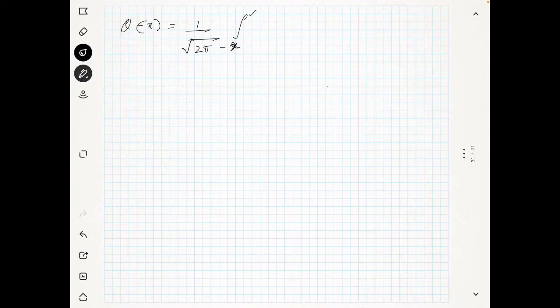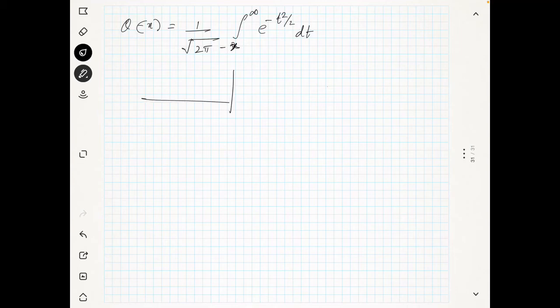So Q of minus x is nothing but 1 by root 2 pi into the integral from minus x to infinity of e power minus t square by 2 dt. Okay, so this is the area.